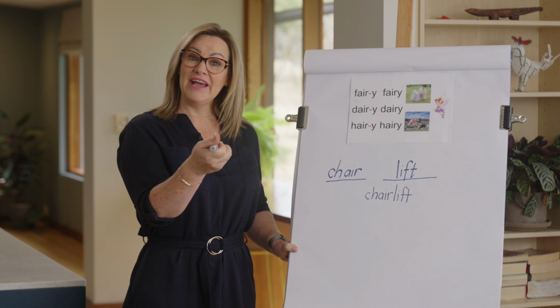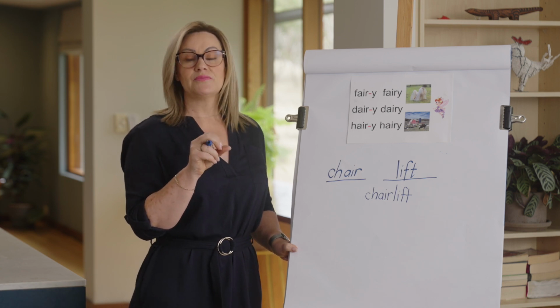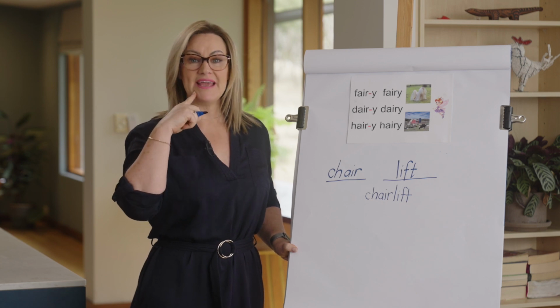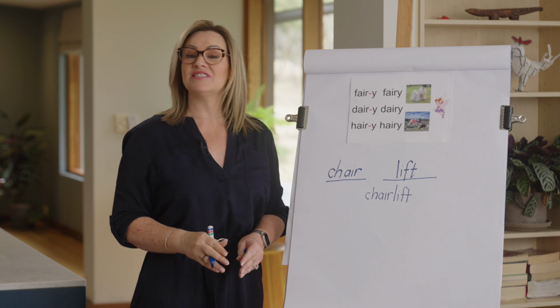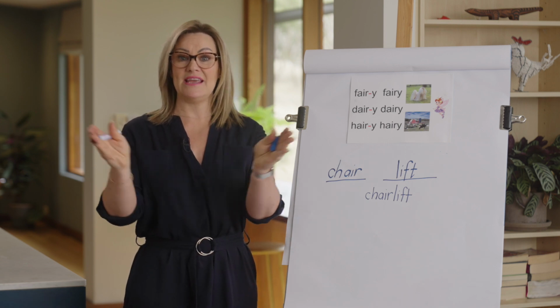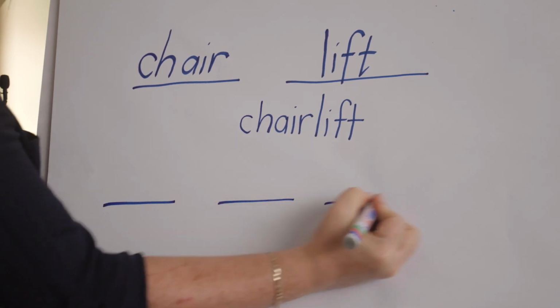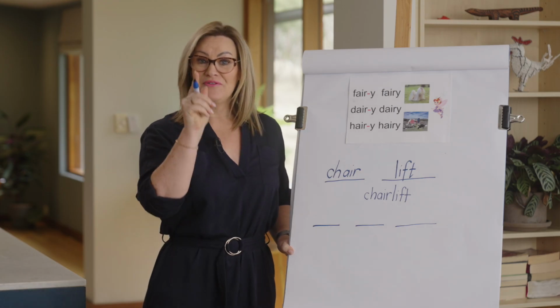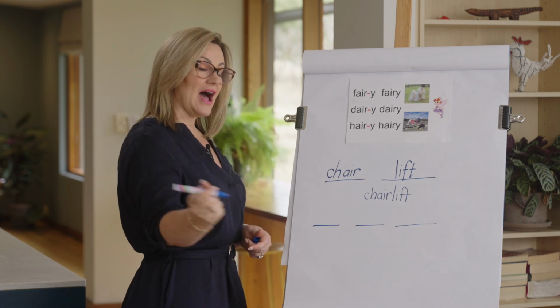Excellent. Okay, next word. We are going to write the word fairyland. Repeat. Okay, how many syllables? Tap them out. Fairyland. 3 syllables. 1, 2, 3. First syllable, fair. Tap and say. Air. Right.